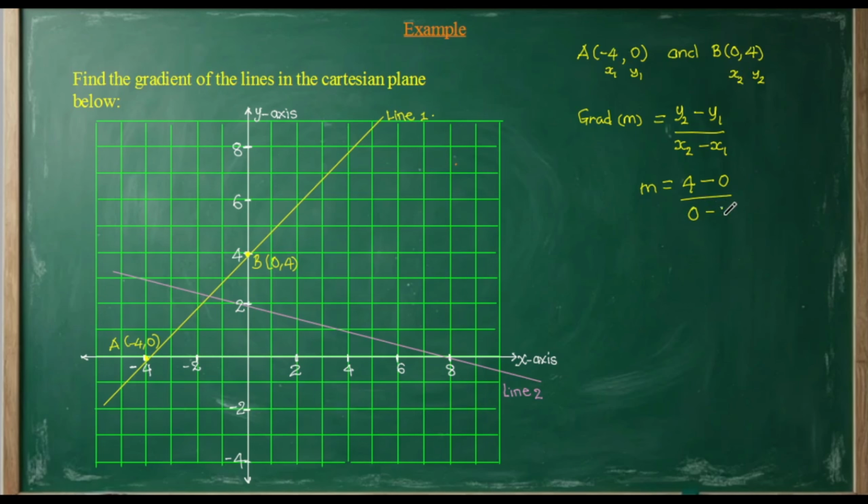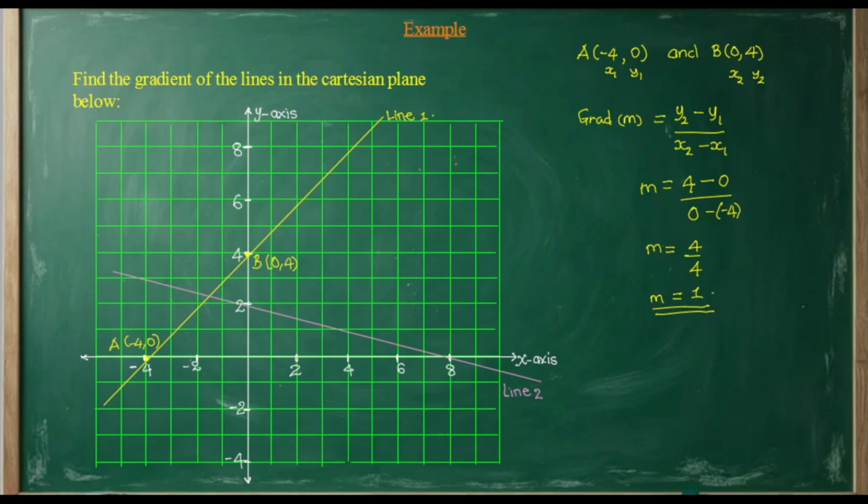So when we simplify this, 4 minus 0 is 4. And then from the denominator, negative times negative is positive, so 0 plus 4 is 4. And then finally, when we divide this, we get 1 as our gradient. You can see here line 1 is having positive gradient, and it corresponds to the statement up there.